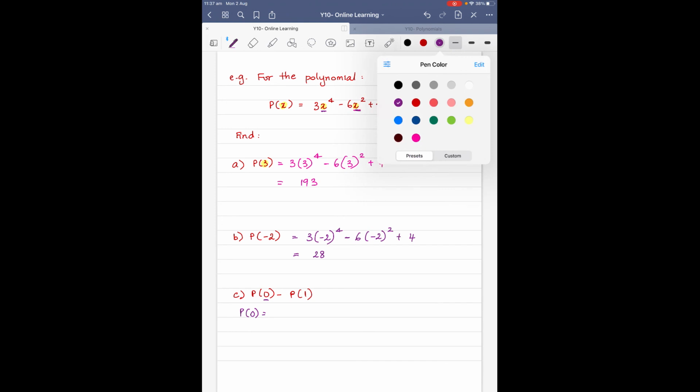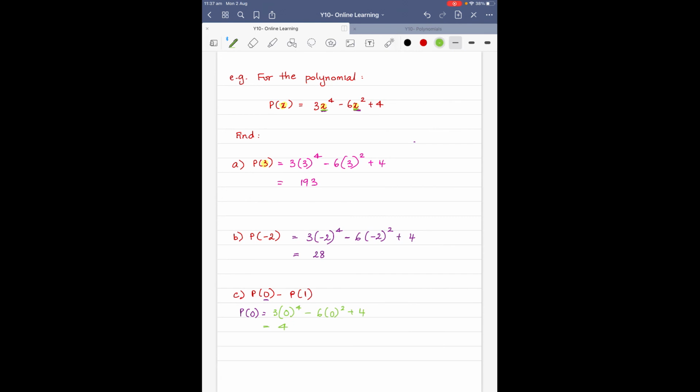Let's do green. So 3, whenever you see an x, you're going to change it to 0 to the power of 4 minus 6, every time you see an x, 0 squared plus 4. Put it all into your calculator. It is a 4.